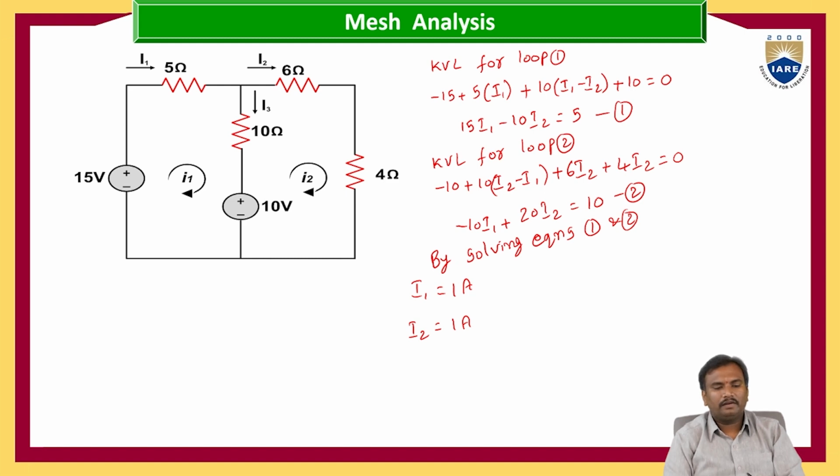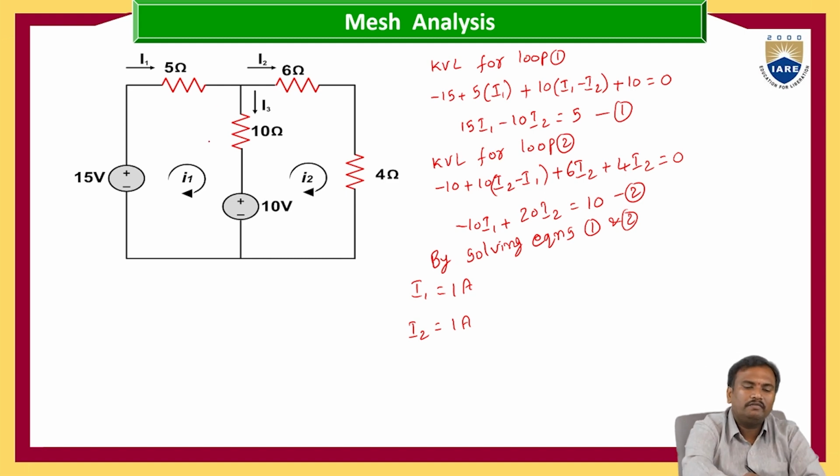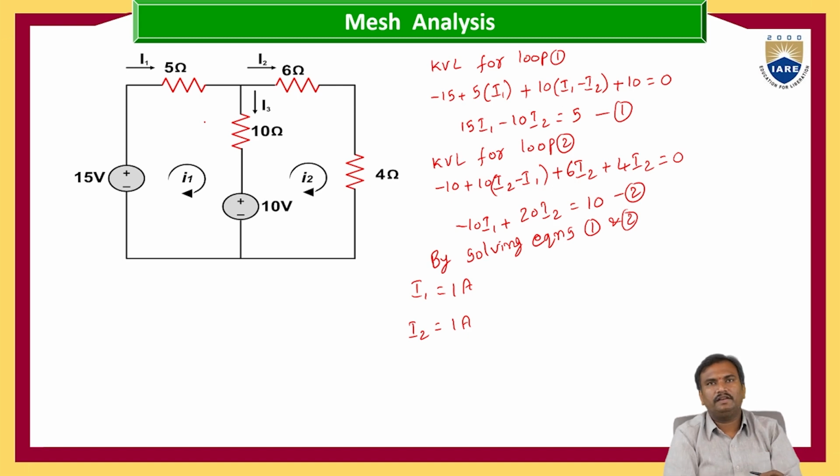So here no current will flow through this branch. I1 minus I2 value will be 0, or I2 minus I1 value will be 0. So no current will flow through this branch, that is the 10 ohms and 10 volts source. This is the way we have to calculate the loop currents by using the mesh analysis.